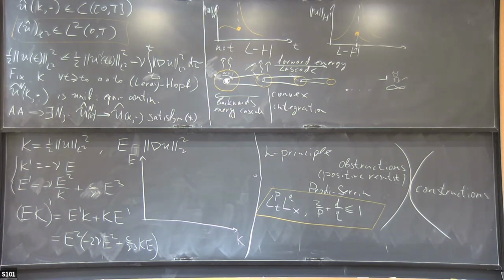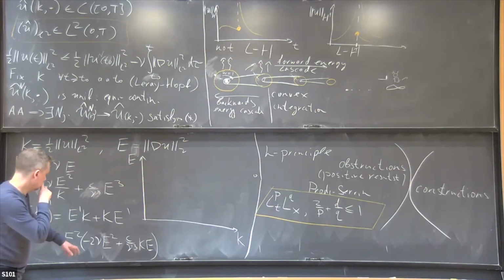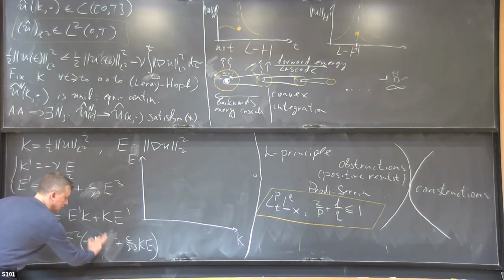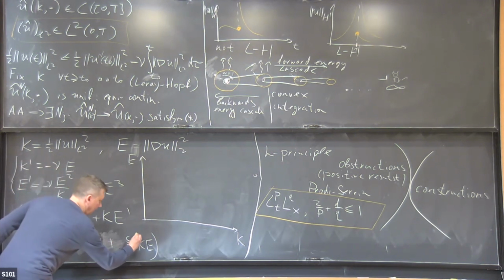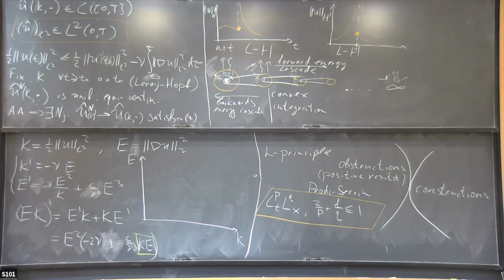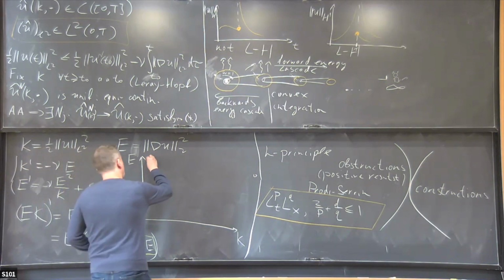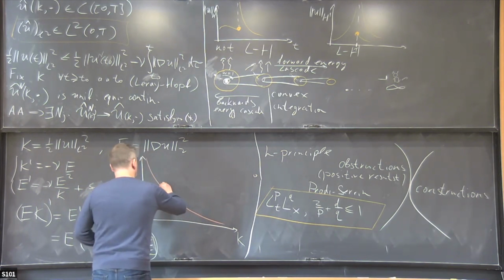Okay. So now we found one solution. If initially k times E is chosen so that you have 0 here, then it's going to stay that way. So we have a solution, we have a trajectory, which looks like this.